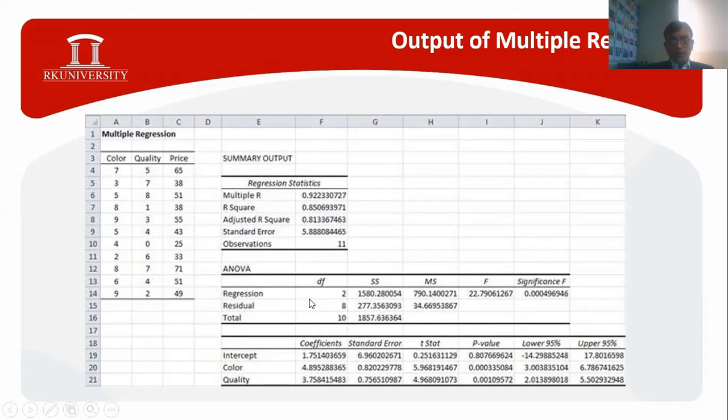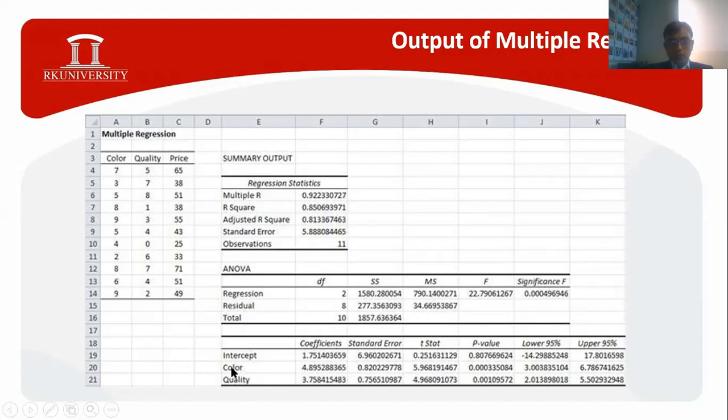In the same way, we can also analyze the ANOVA table which has been generated in a regression analysis. Here you can see the p-value is less than 0.05. So again, it rejects the null hypothesis that the model is not fit for regression analysis. Here we can say that the model is a good predictor and fit for regression analysis.